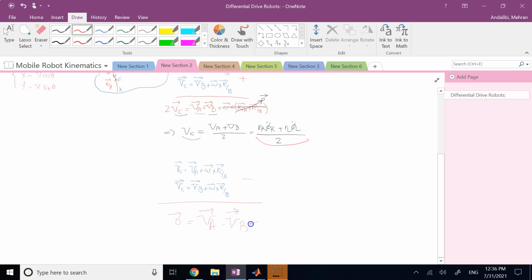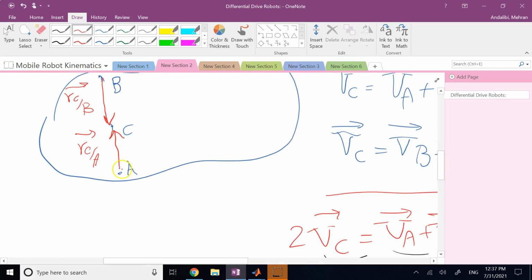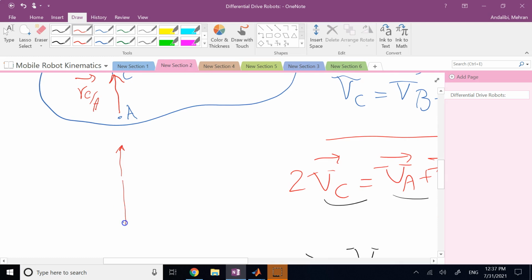And then you will get plus omega cross R of C with respect to A minus R of C with respect to B. And what is R of C with respect to A minus R of C with respect to B? So here we have to subtract the C with respect to A, C with respect to B. So we put both of them starting at the same point, like this.